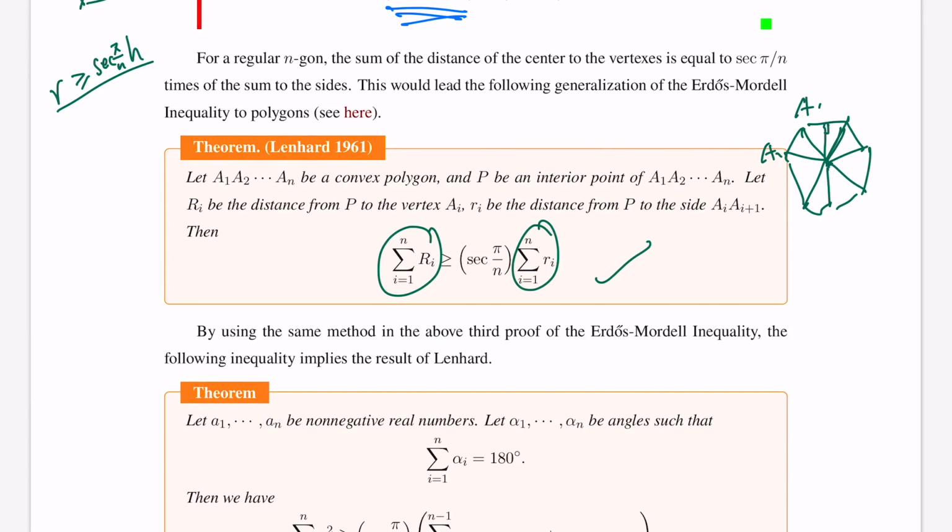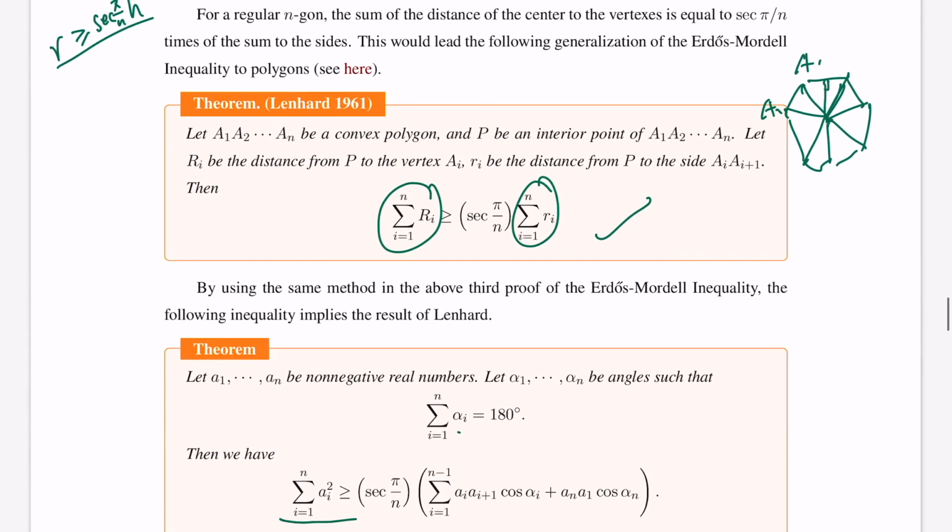geometry or algebra. So I will use the third method I proved before and turn this inequality into a purely algebraic inequality. This time I will use the fact that the sum of the alpha i is equal to 180 degrees, not 3 of them, but n of them summing to 180 degrees.